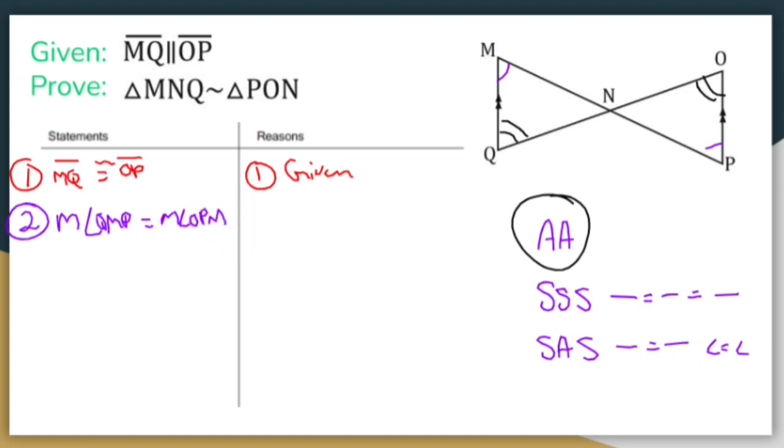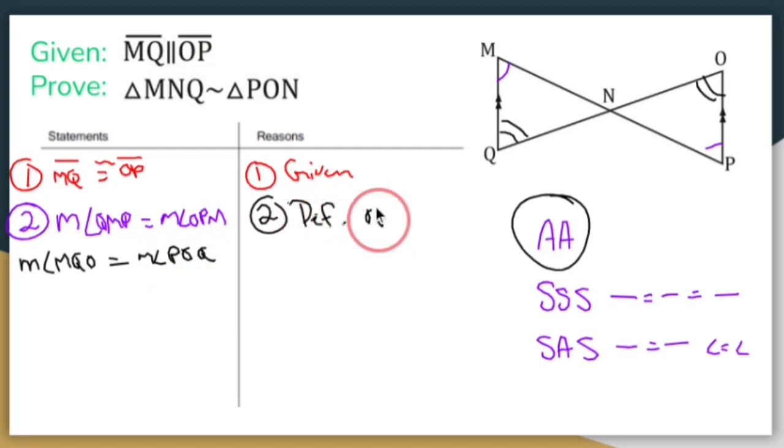Also, the measure of MQO is equal to the measure of POQ. And again, my reasoning for that was the definition of alternate interior angles.